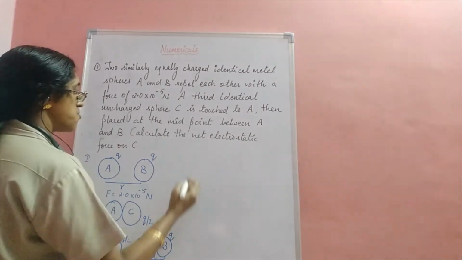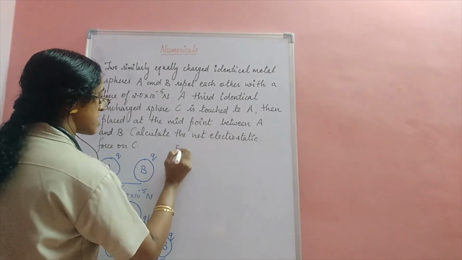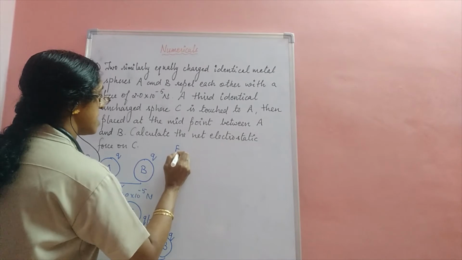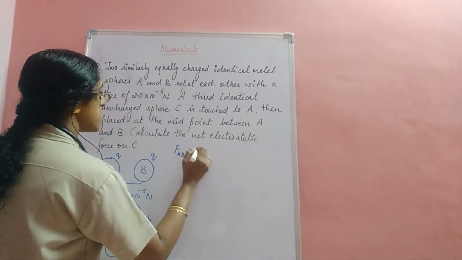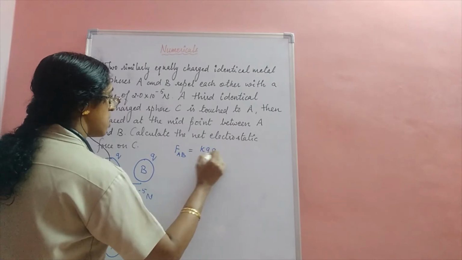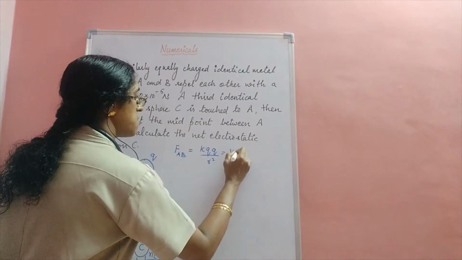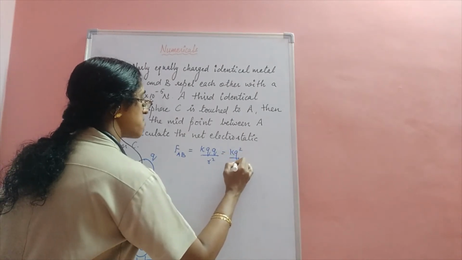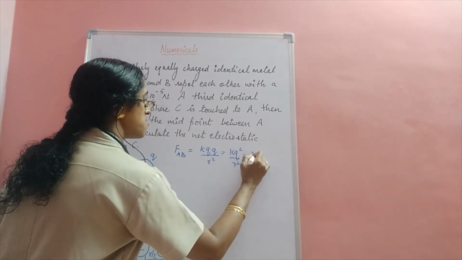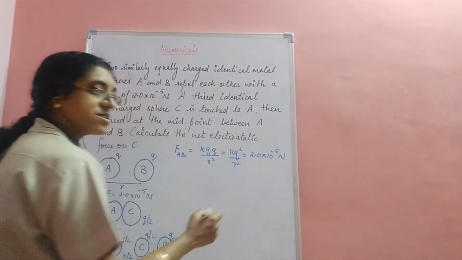Now, to calculate, let me suppose the initial force, that is the force between A and B, is K Q1 Q2 upon R square, that is K Q square by R square, which equals 2 into 10 to the power of minus 5 Newton.